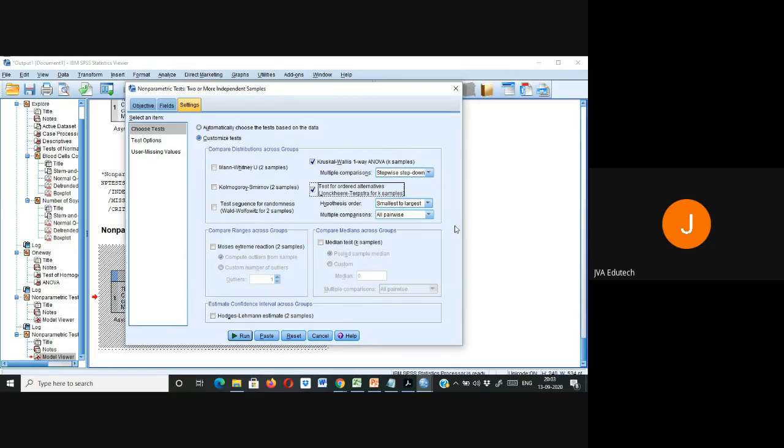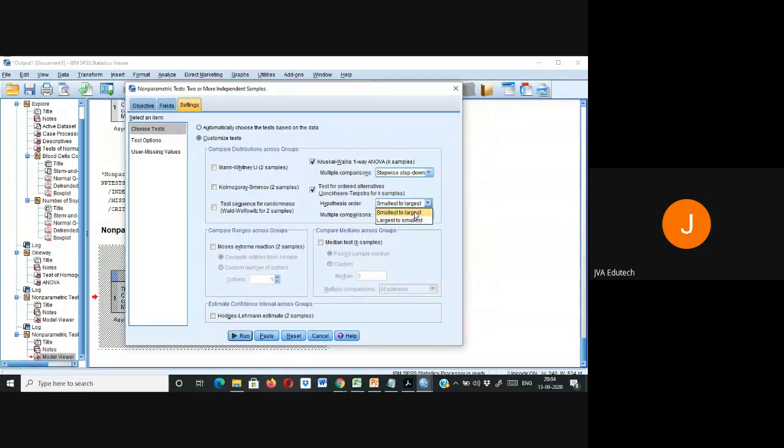So you do a trend analysis either from smallest to largest or largest to smallest. If you select smallest to largest, it will test whether the first group differs from the second group, which in turn differs from the third group, and which in turn differs from the fourth, and so on until the last group. If you select largest to smallest, it will do the same thing in reverse order, testing whether the last group differs from the group before it, and so on.